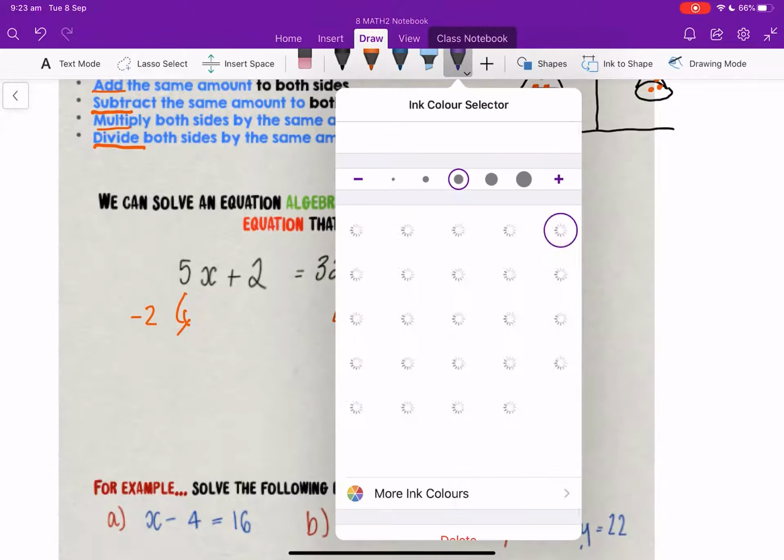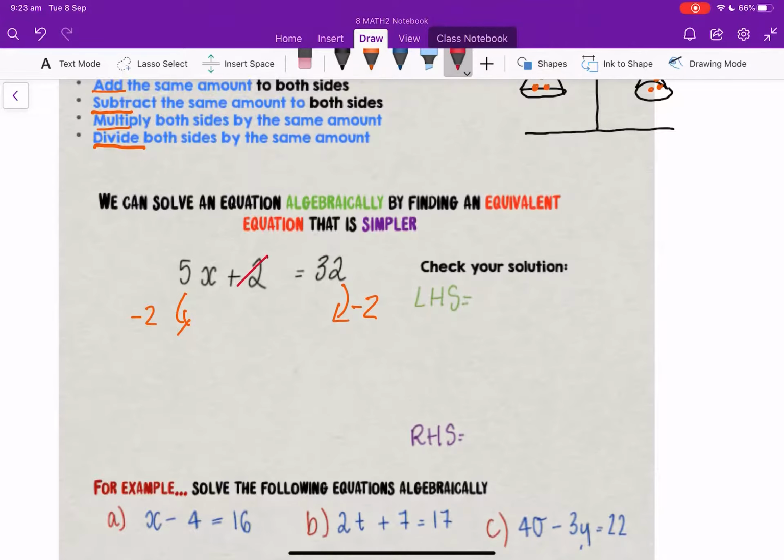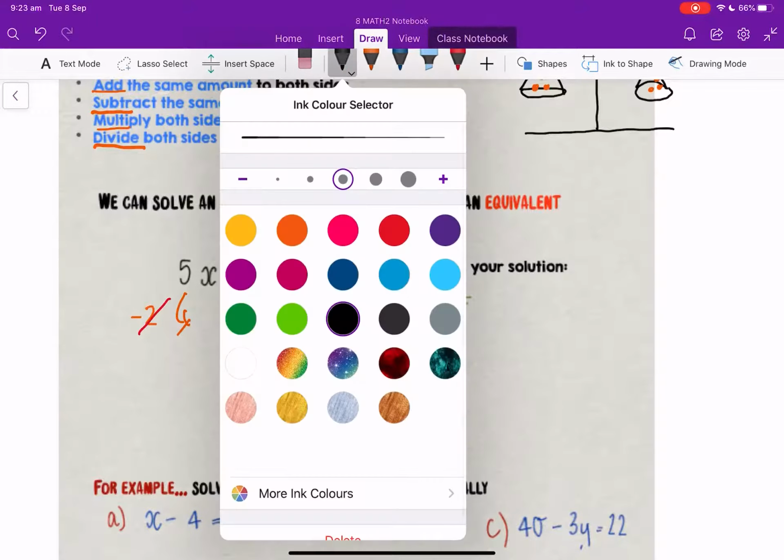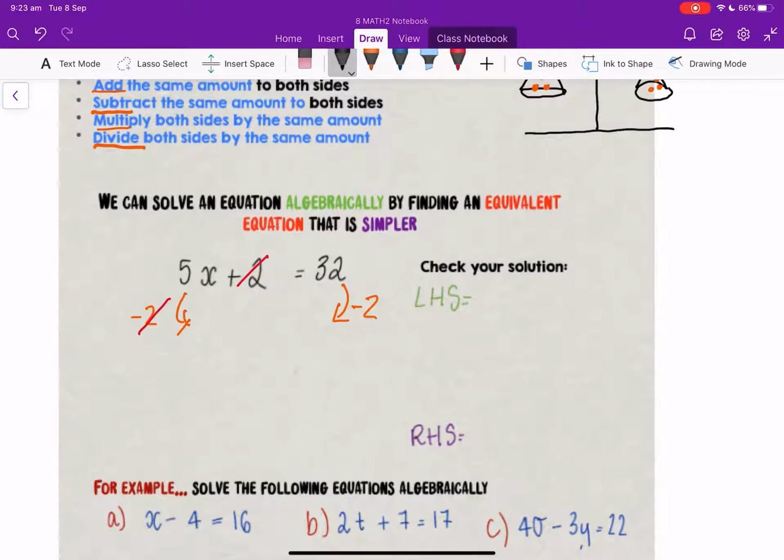This means you can cross out 2 here and you can cross out 2 here. You're left with 5x. 32 minus 2 is 30, okay? Now, we still want to get x by itself. It's not by itself. It's currently being multiplied by 5. Now, the opposite of multiplying by 5 is to divide by 5.